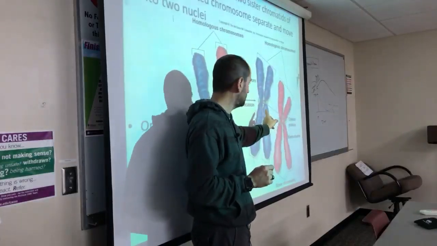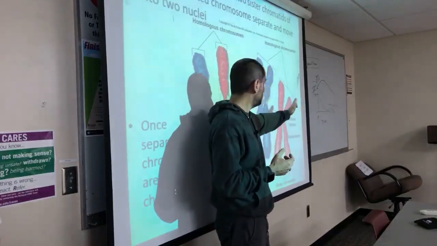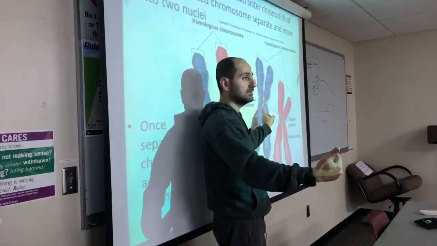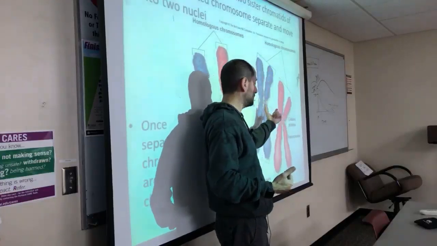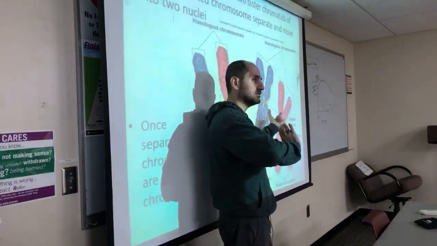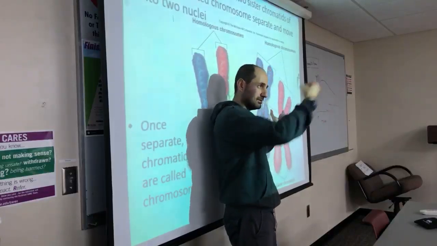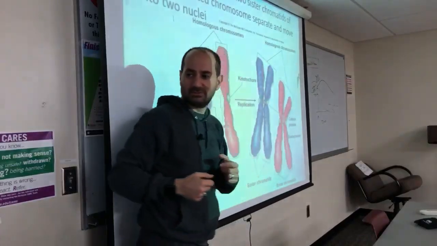These are sister chromatids. 2 exact copies of mom's chromosome 1, sister chromatids. So what you could say is this pair of sister chromatids is homologous to this pair of sister chromatids. What does that mean? For example, this is both of dad's chromosome 1. That's homologous to both of mom's chromosome 1, because this is the dad chromosome 1 copies, this is the mom chromosome 1 copies, right? Does that make sense?